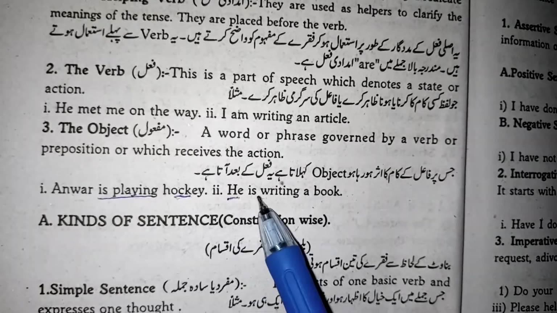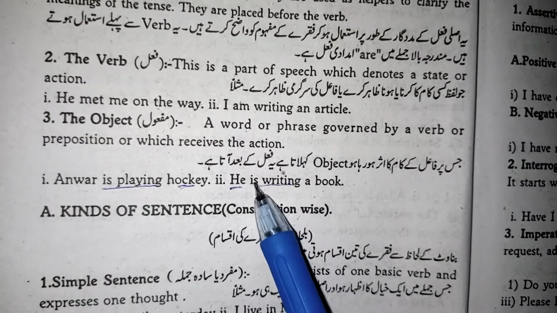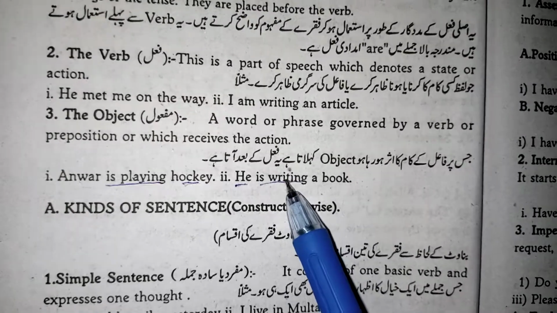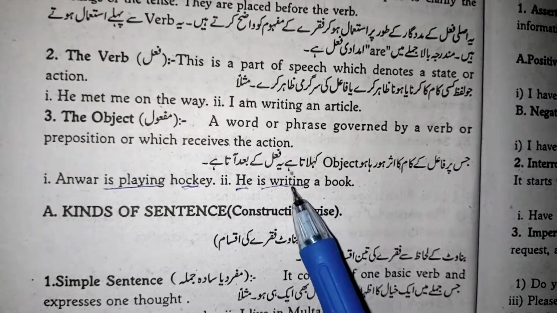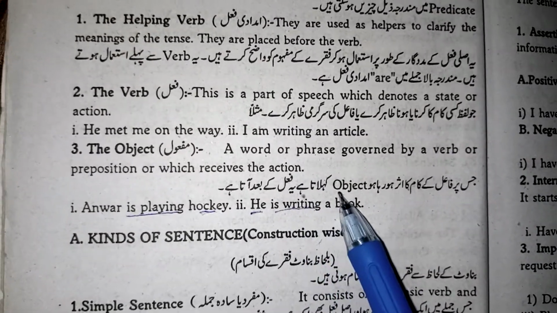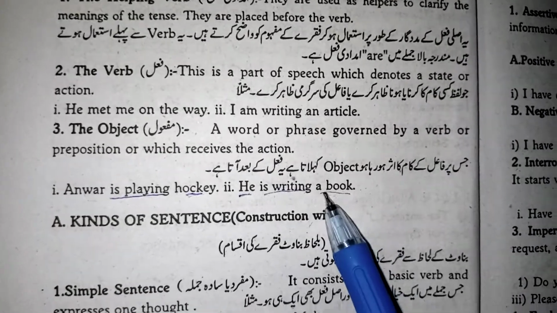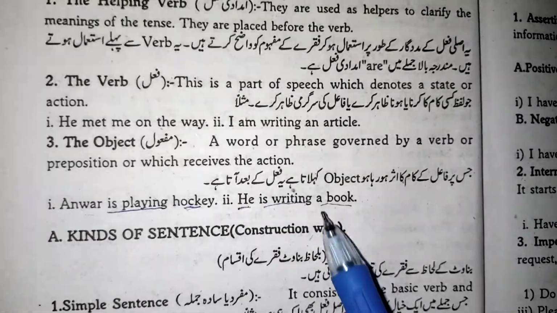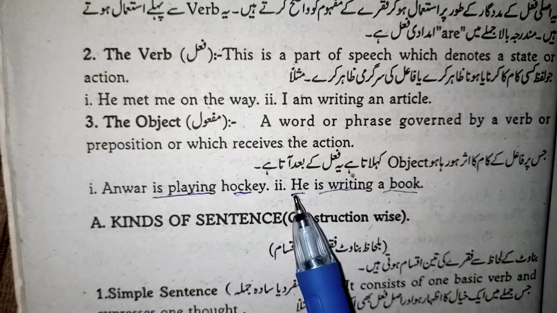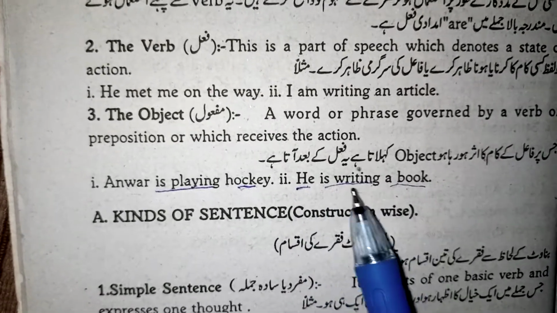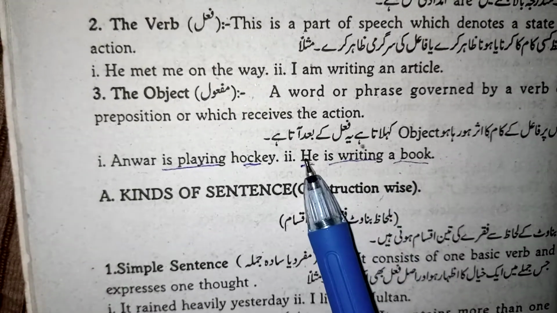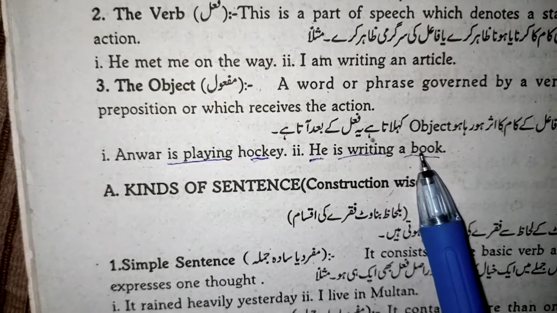He, subject, is writing, helping verb and main verb, and this verb or the action of writing is being performed on a book. So, book is the object. Hence, a sentence structure completes with subject, verb, and an object.